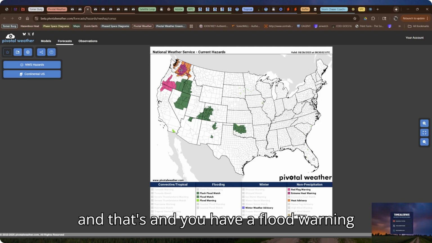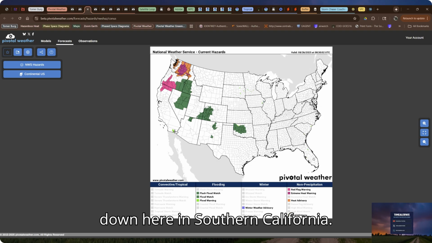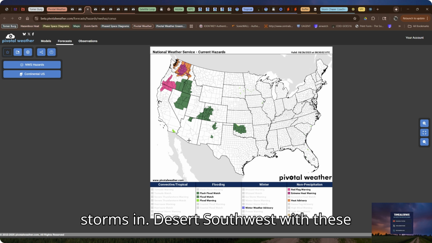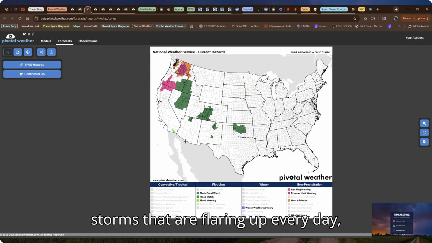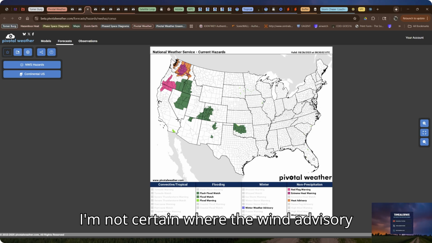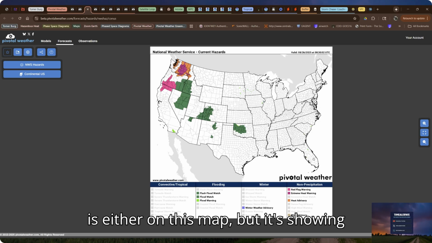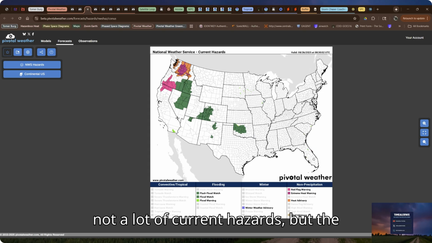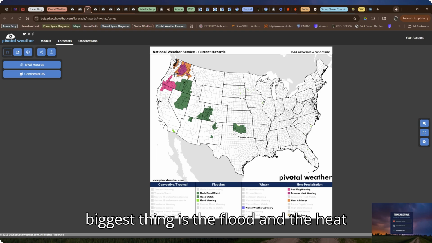And you have a flood warning down here in Southern California. Dust has been a big issue, and dust storms in the desert Southwest with these storms that are flaring up every day. So be advised for that. I'm not certain where the wind advisory is either on this map, but it's showing here. Anyway, not a lot of current hazards, but the biggest thing is the flood and the heat right now.